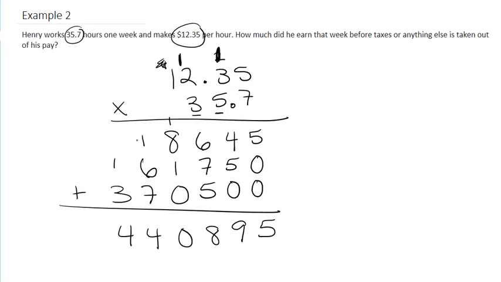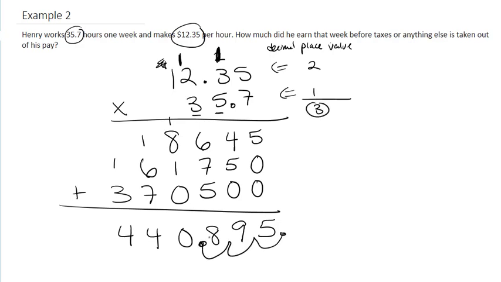So now we need to deal with our place values. So we have 2 here, 1 here. This is for place values. So we have 3 total. So what we do is we go over 1, 2, 3.